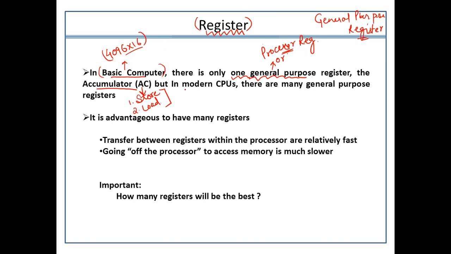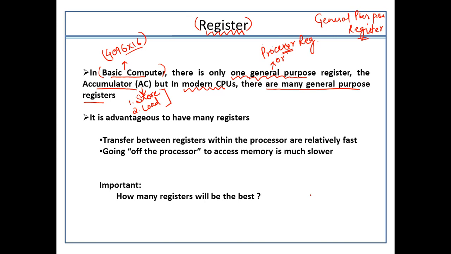But what if I talk about the modern machines? Within the modern machines, for your information, there are many general purpose registers. The reason is that nowadays modern machines are designed to enhance the execution rate, the throughput of the machine.